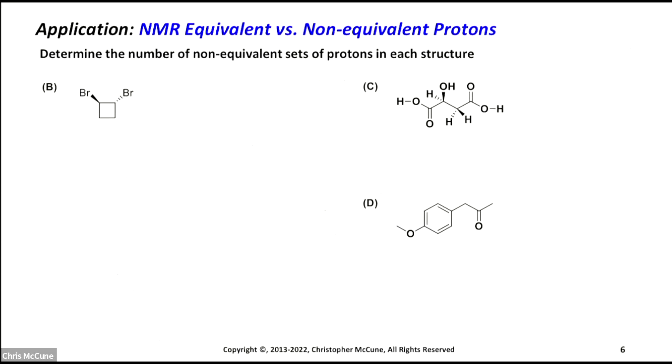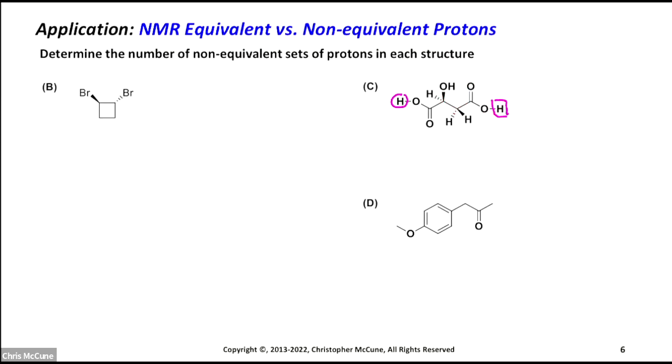C is pretty easy. If you think about the connectivity of the hydrogens, they all look pretty different, right? You have the carboxylic acid there, and then you have this other carboxylic acid over here. And those carboxylic acids are not connected to the same thing. In fact, this one's connected to a carbon that has an OH, and this one's connected to a carbon that doesn't. And so you know that they're in different environments, so we're going to treat them differently.